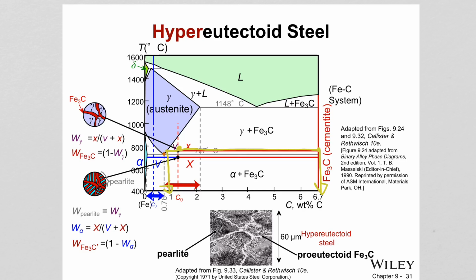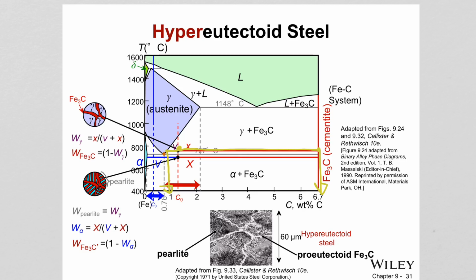By using the same lever rule, you can calculate the weight fractions of the gamma and the cementite at that point. And remember, the cementite stays the same, and from gamma the pearlite forms. So the weight fraction of the pearlite is equal to the weight fraction of gamma, right? From gamma the pearlite is forming.